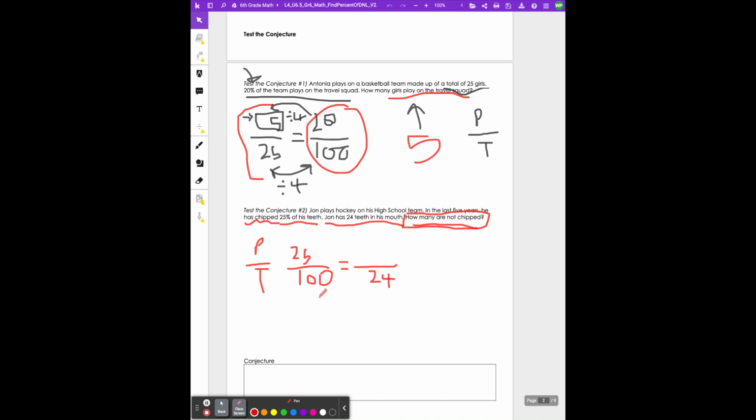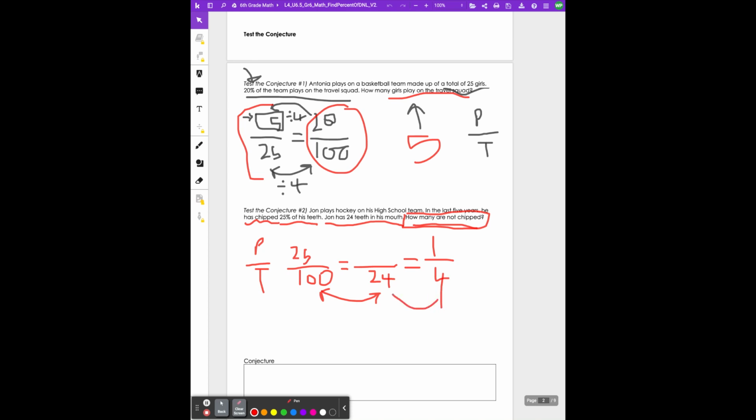Now, when I look at 25 over 100, I know that when I divide, this is not going to give me a whole number. However, what I can do is this. I know that I can simplify 25 over 100. When I simplify that, that is equal to 1 over 4.